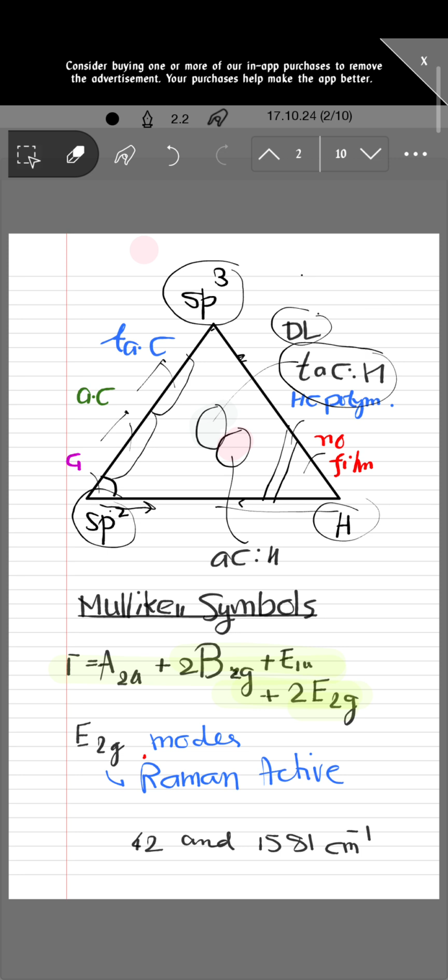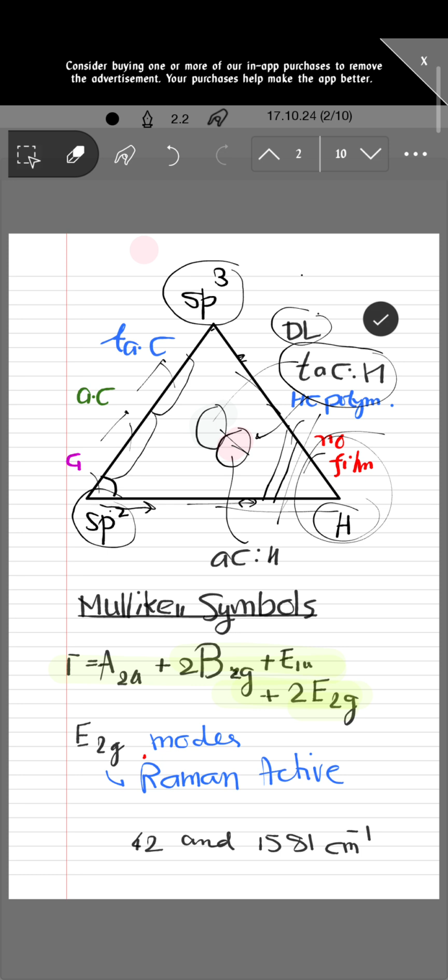Whereas in lower cases, like in this case where the sp3 carbon is less, it forms amorphous carbon, because here the tetrahedral sp3 carbon percentage is less, whereas in this case it is more. This region corresponds to hydrocarbon polymers, and in this region the percentage of carbon has reduced and there is mainly hydrogen, so we consider that there is no film formation here.